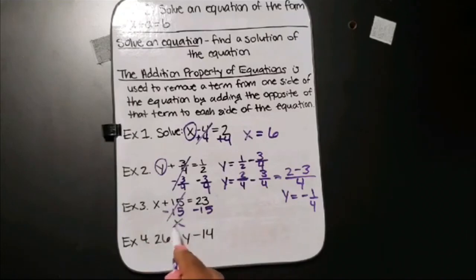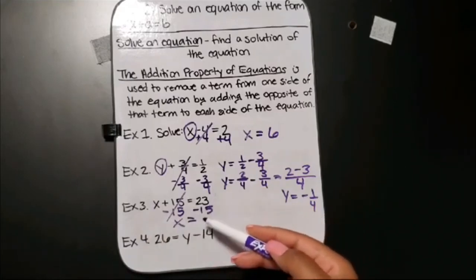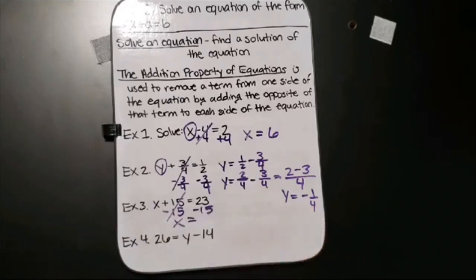So we have x left on this side of our equal sign. And on this side of the equal sign, we have 23 minus 15, which is 8. So x equals 8. All right.